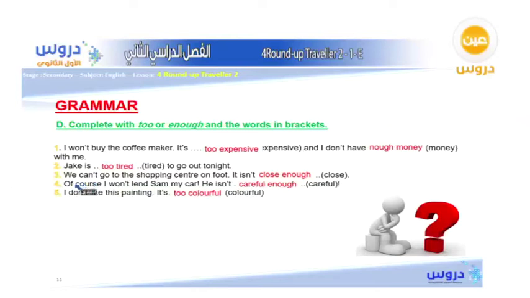Number 4, of course, I won't lend Sam my car. He isn't careful enough. He's careless. I don't like this painting. It's too colorful. So we focus on too and enough.